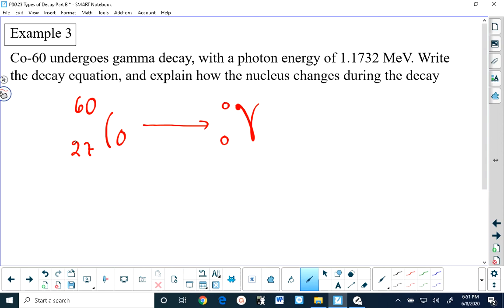It's pure energy. And what that means, this is a little weird, is that if the law of conservation of nucleons is true, we still have 60 nucleons, and the law of conservation of charge must be maintained. We still have a charge of 27, which means it's still cobalt. But the nucleons in this cobalt are packed together more efficiently.